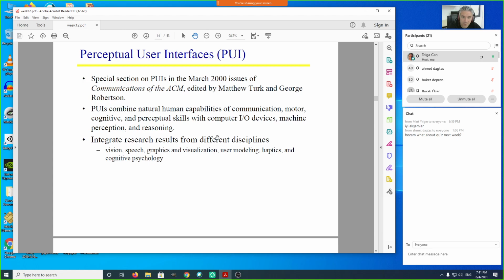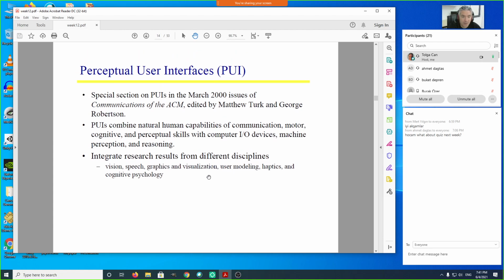In order to have these things realized, the technologies, algorithms, and methods from different disciplines have to be integrated, from computer vision, from speech recognition, speech interfaces, from graphics and visualization, from robotics, maybe, if you are going to interact with a humanoid robot, for example, user modeling.